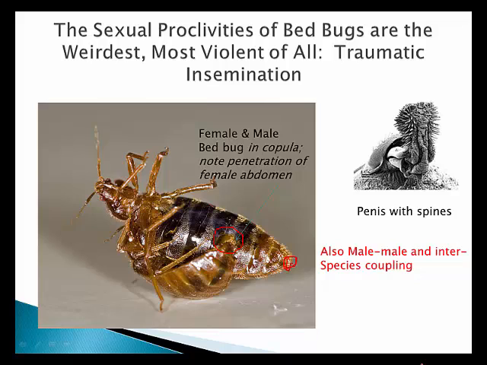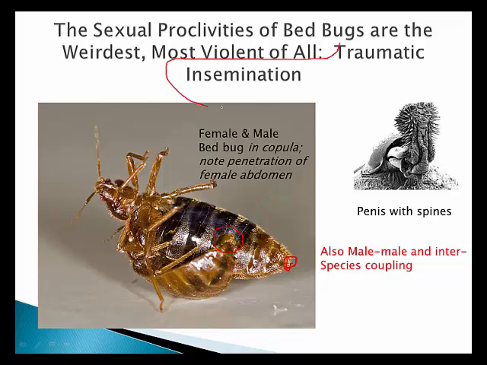How weird is that? So he puts the sperm in there, and eventually these sperm will migrate around to where the female reproductive organs are and fertilize the eggs. But because this kind of copulation involves violently ripping a hole in the abdomen where none previously existed, this has got a special name because of its wild and crazy characteristics.